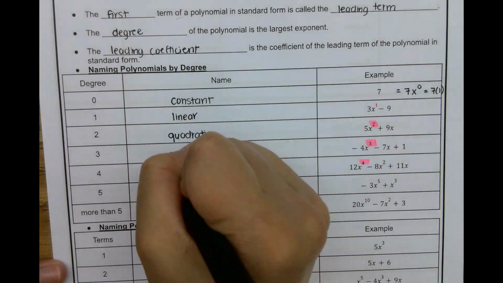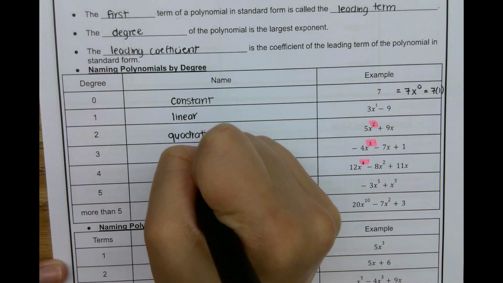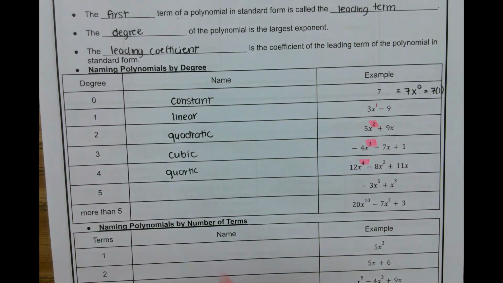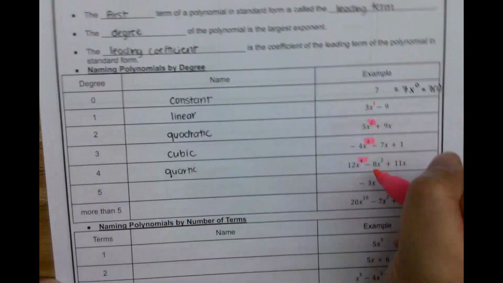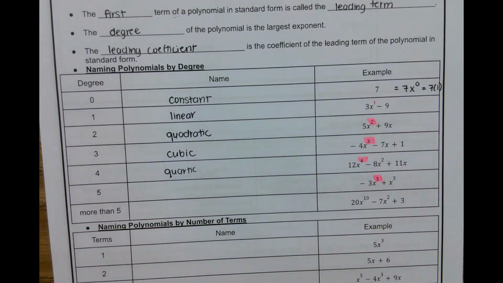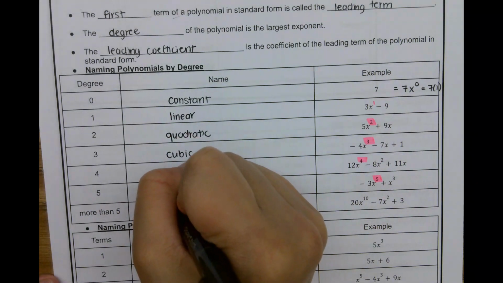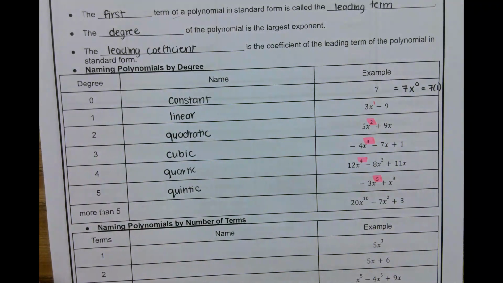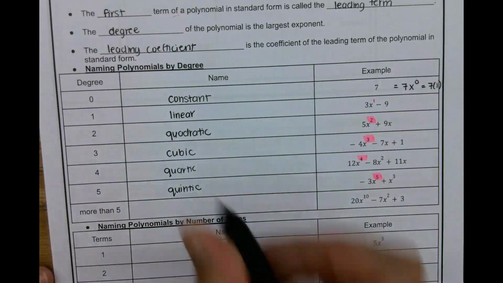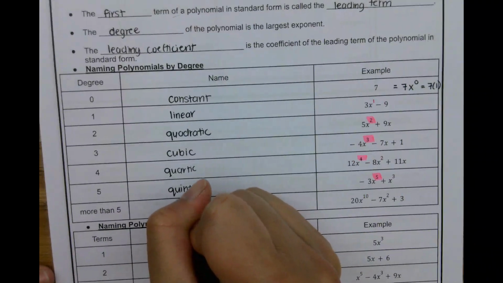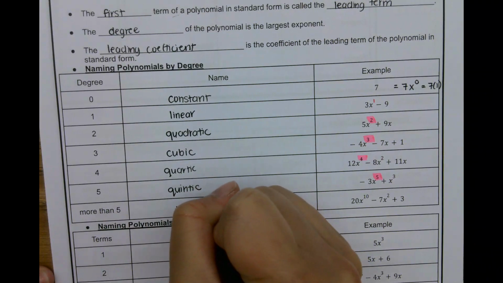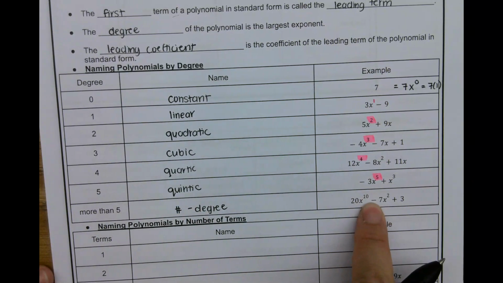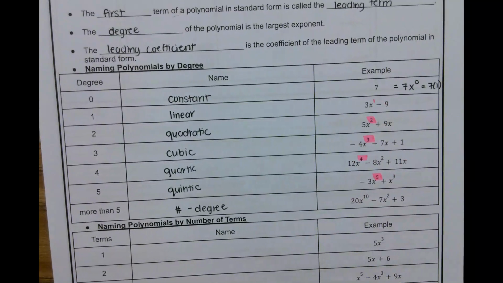This is known as a quartic polynomial. Okay. If it's 5th degree, this is known as a quintic polynomial. And anything that is more than 5, we would just write whatever the number is and then write degree. Right? So in this case, this would be a 10th degree polynomial.